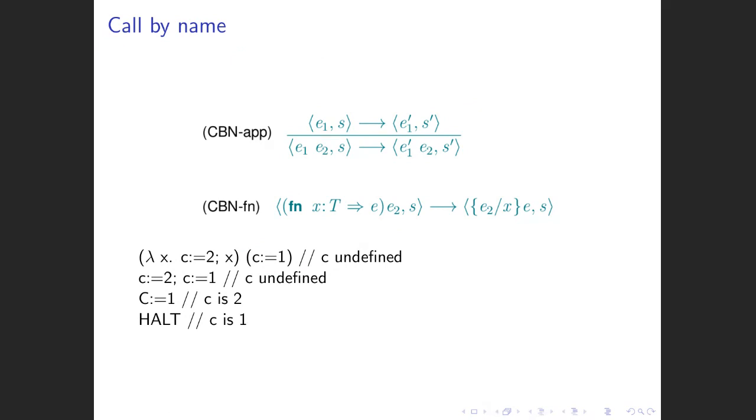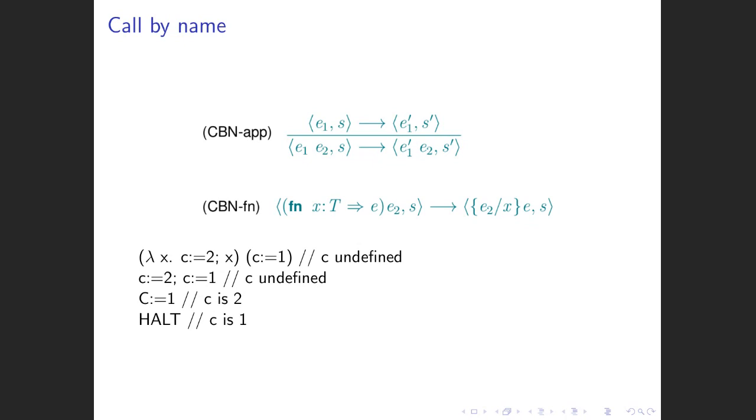That means you're passing a pointer to an entity rather than passing the entity itself. And there's another one called call by need, which is a little like call by name, but you only have to evaluate the thing once.